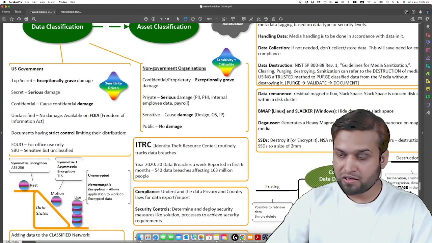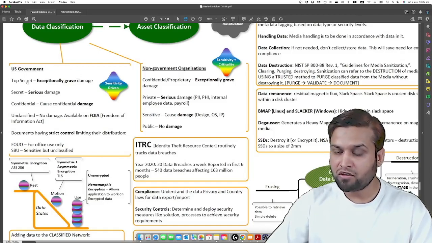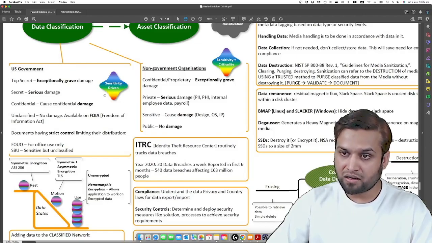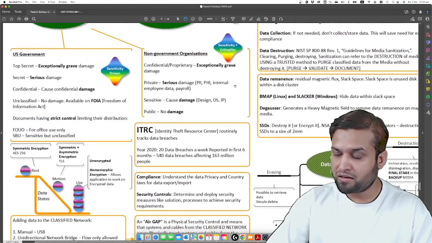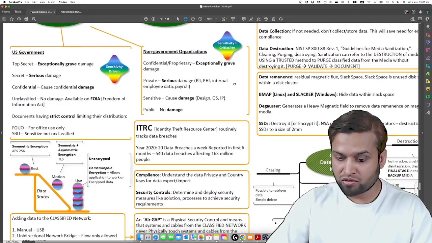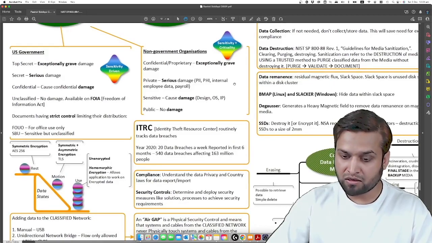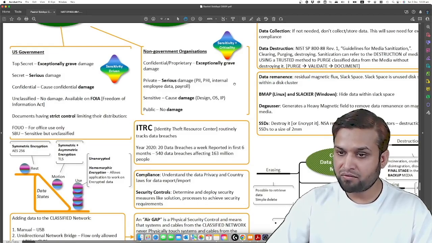One is sensitivity driven classification and another is criticality driven classification. Most government organizations go for sensitivity driven classification, and criticality driven classification is mostly in the private sector, in manufacturing and service companies, those kinds of things.